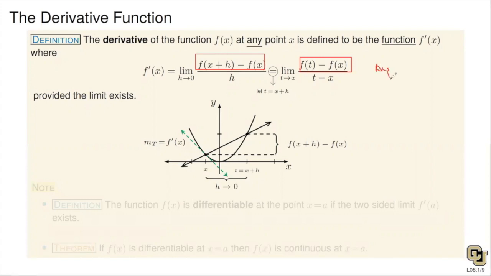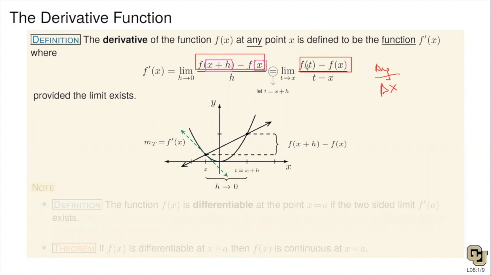So in both cases, we have delta y over delta x. In the first case, you have f of x plus h minus f of x, so that's a change in y. In the denominator, think of h as being x plus h minus x. So that's the change in x. So here, think of the denominator as x plus h minus x.